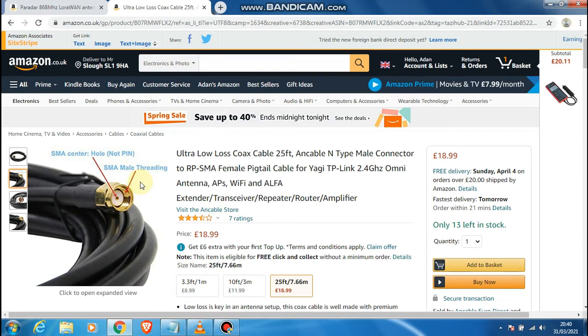It's an RP connector on the RAK Miner. It's a reverse polarized connector, but it's actually a female connector, but it's RP, so it's reversed. So it's slightly complicated. At the end of the day, this is the cable that you will need. It's an RP SMA male connector with threading. This is the cable that actually corresponds with it.